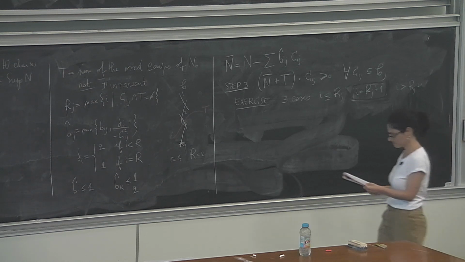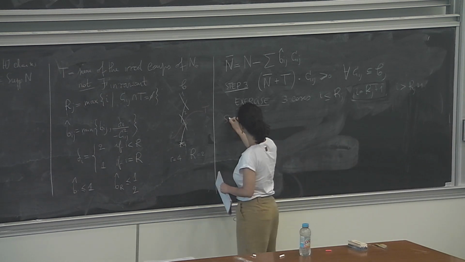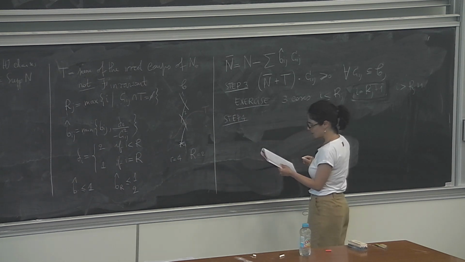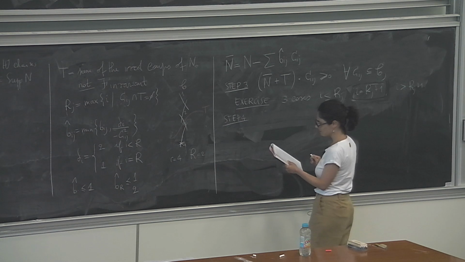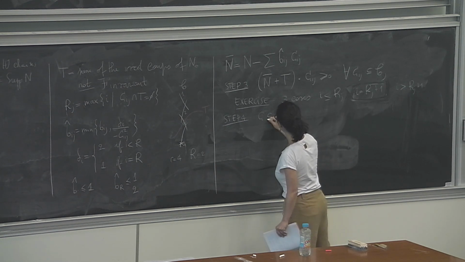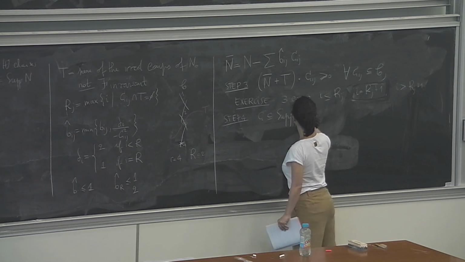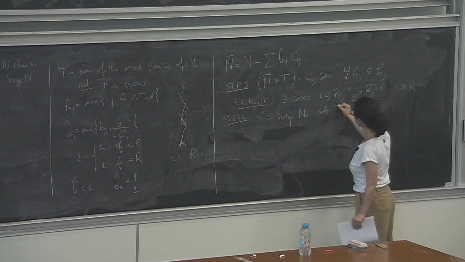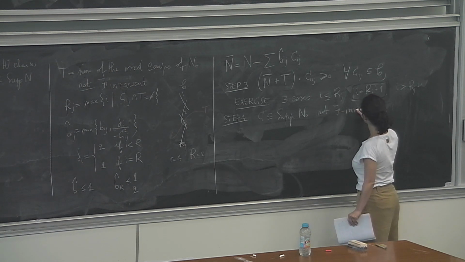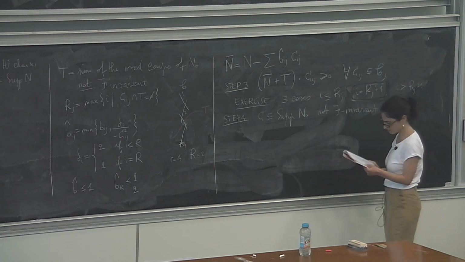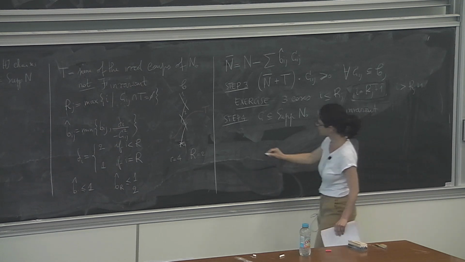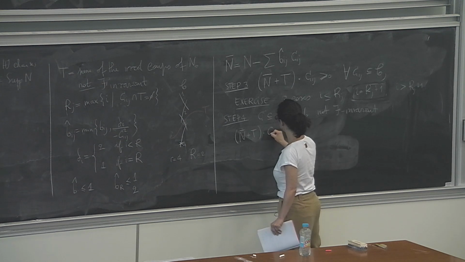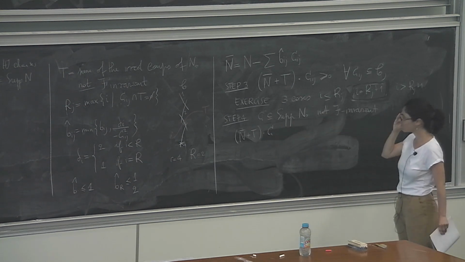And now, let's consider C in the support of N0, not F invariant. Then we want to intersect it with n bar plus t.